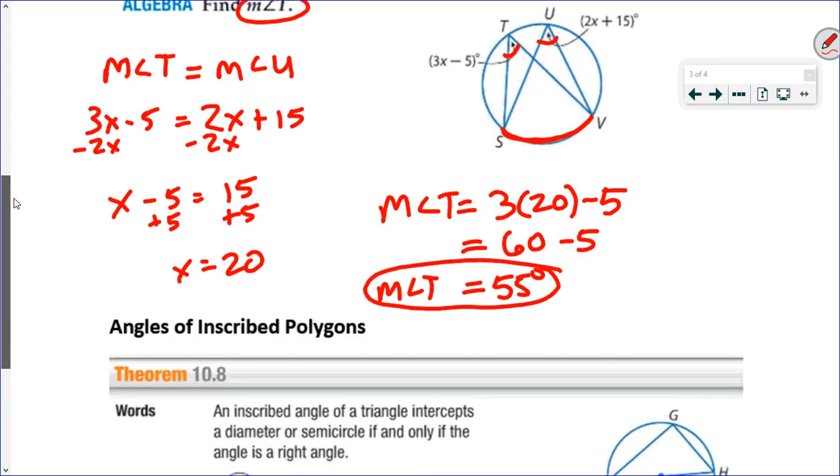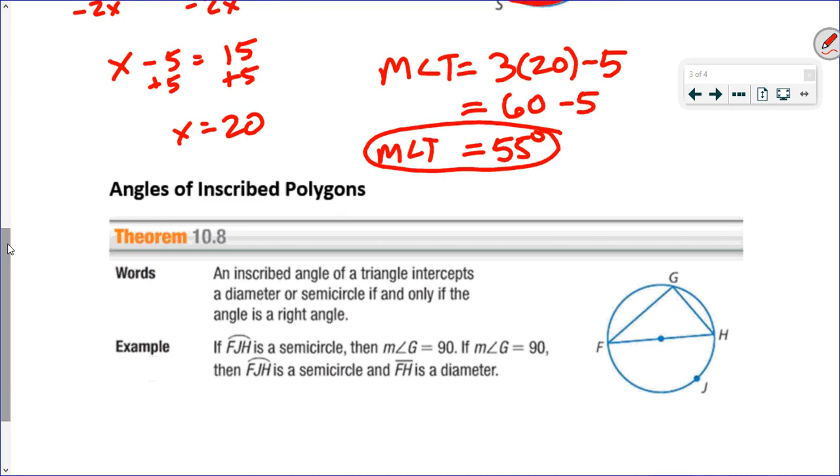Another theorem we want to use here, and this is going to help us with our angles of inscribed polygons objective, is this: an inscribed angle of a triangle intercepts a diameter or a semicircle if and only if the angle is right. So here we've got triangle FGH.